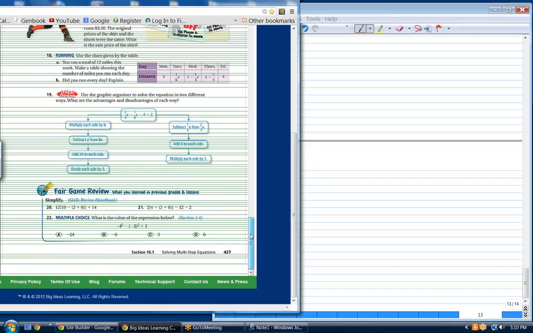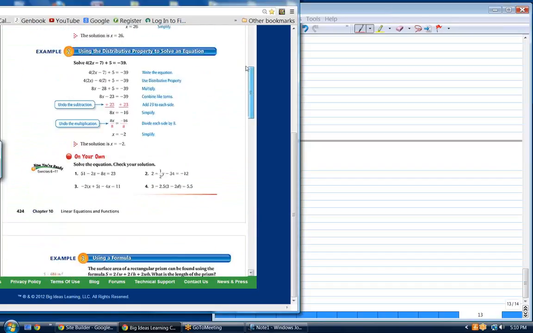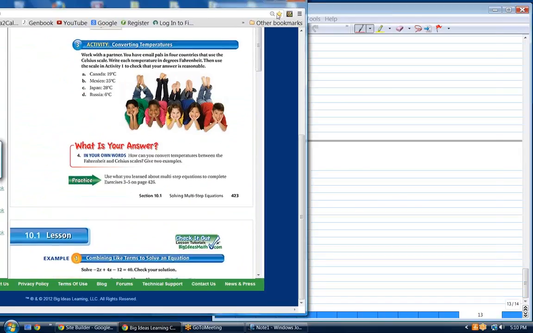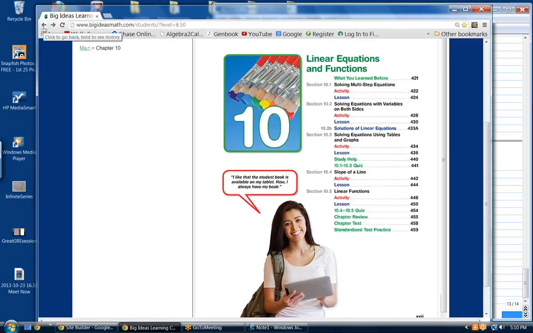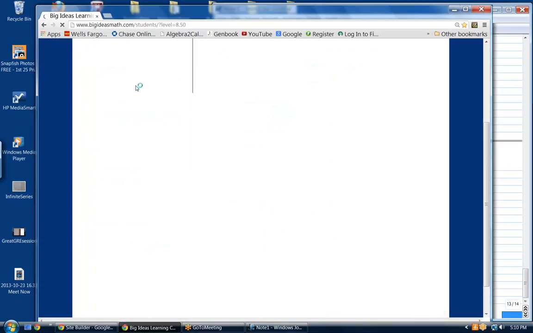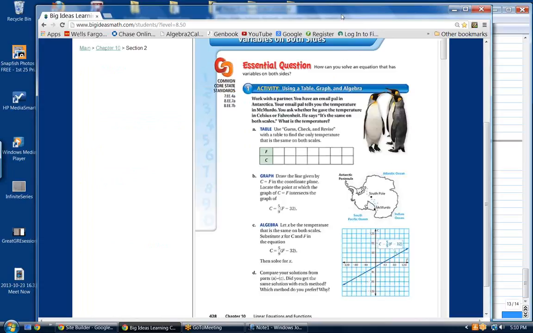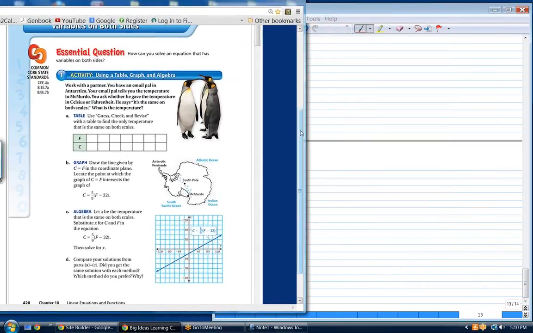Well, I don't see any other interesting problems here. Shall we go back to, let's see, we were on 10.1. Let's take a look at 10.2. Have you covered this material, or are you trying to get ahead?